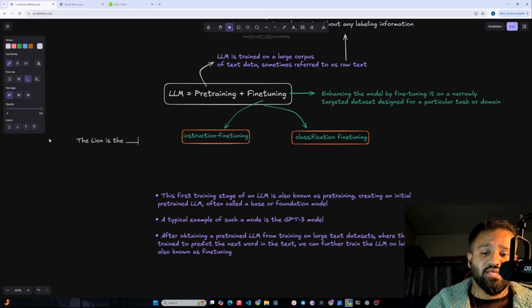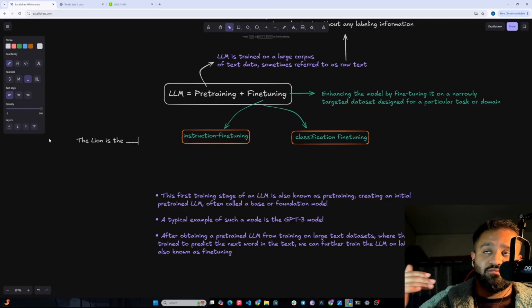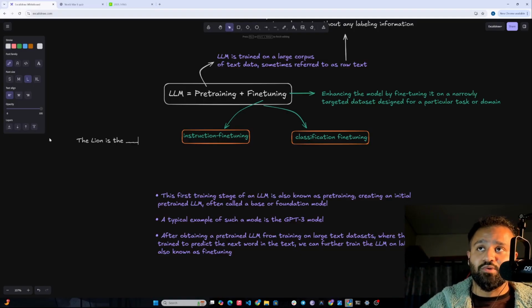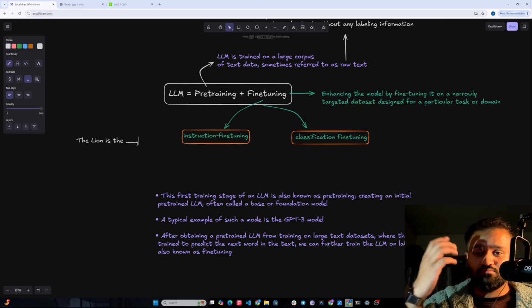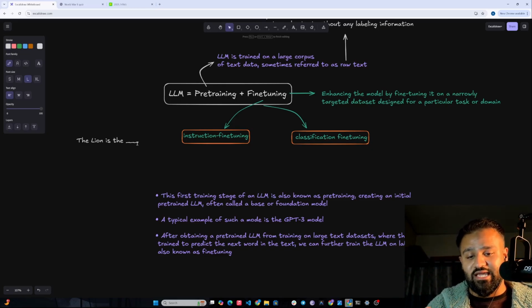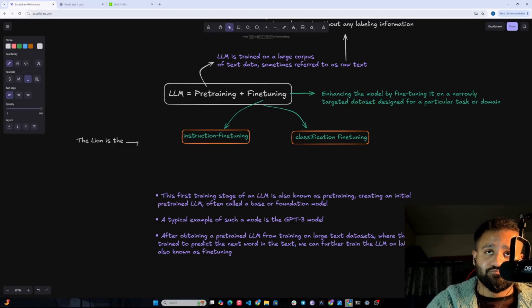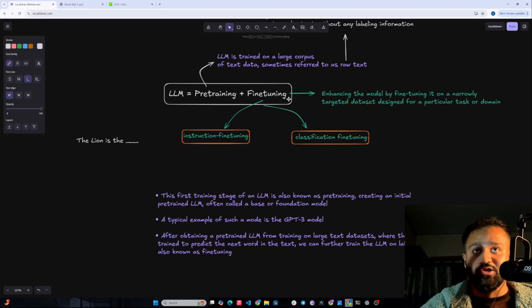Initially the large language model was just trained to predict the next word, which would be king. This is the task it was initially planned for, and things changed after fine-tuning was introduced.